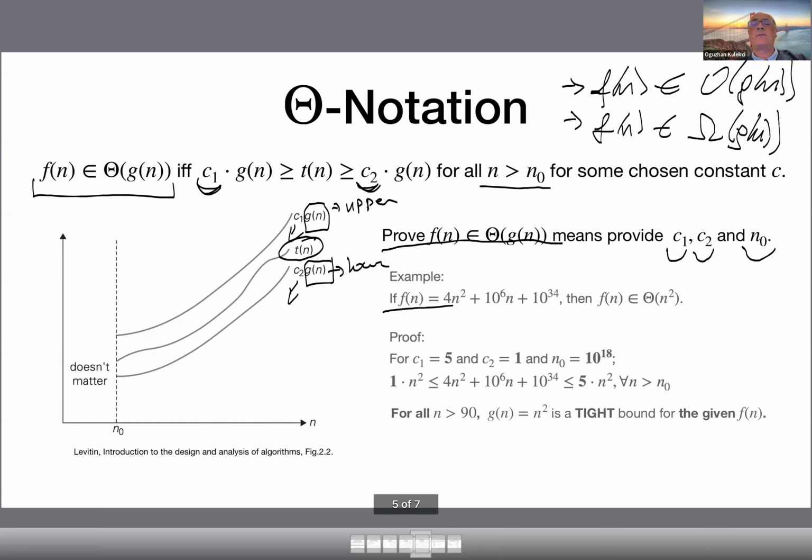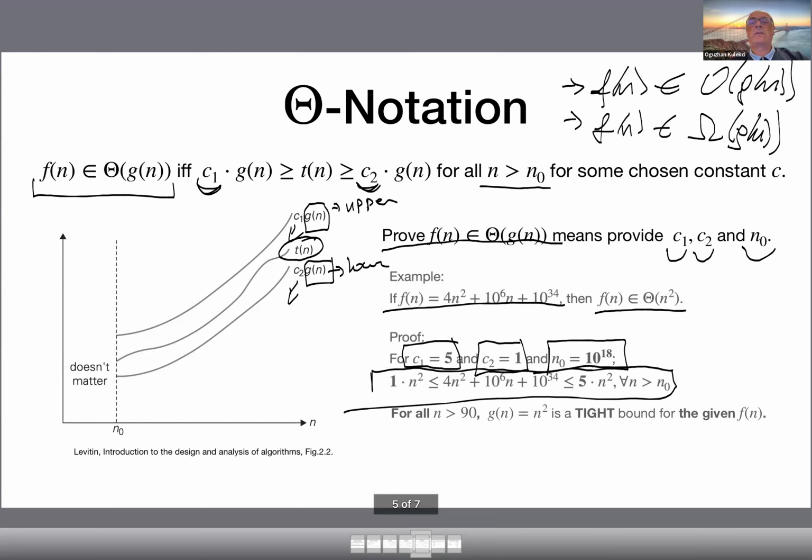If f(n) is this function, I can prove that f(n) is an element of big theta n squared. Why? Because if I choose c1 equal to 5 and c2 equal to 1, and the initial value as 10 to the 18, then this will always hold. It will be greater than 1 times n squared, and less than or equal to 5 times n squared.